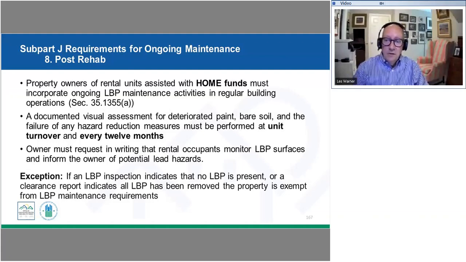So during our ongoing maintenance, we're going to be checking to make sure that those permanent corrective actions haven't been compromised or damaged in some way, so that they still create the lead-safe environment that was part of our scope of work.